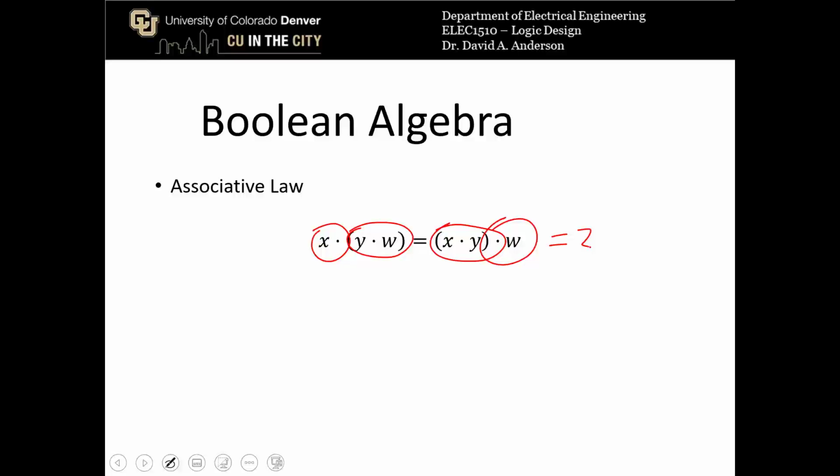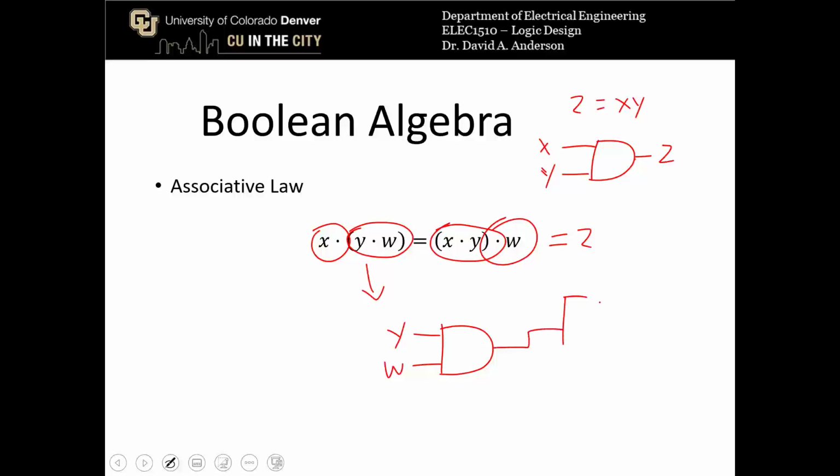Now when we draw either of these as a logic circuit, we know that, say, for the equation z equals x, y, you use an AND gate with the two inputs being x and y and the output being z in order to represent that equation. Now, say for this equation, we need one AND gate for y and w, and then that gets plugged into another AND gate with x.